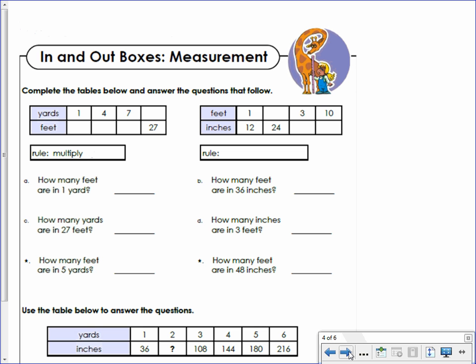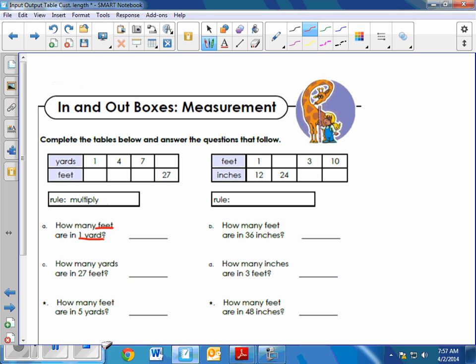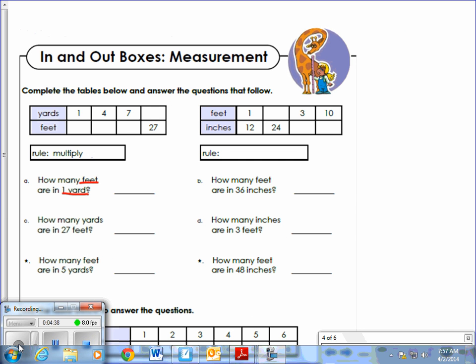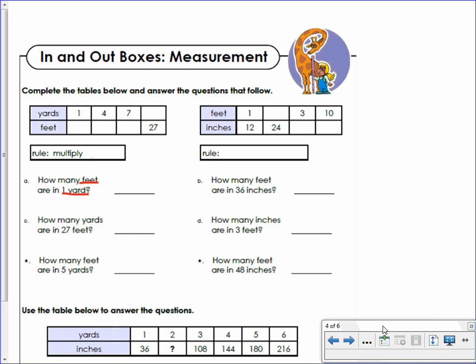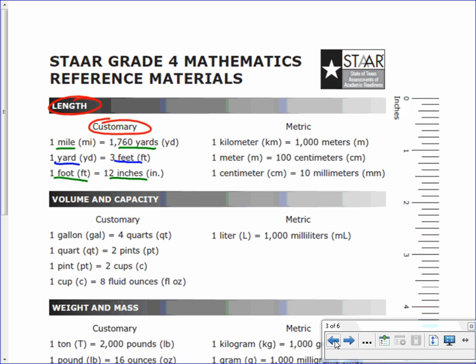When we're given problems like these, how many feet are in 1 yard? That's where we need to come to our table. Again, going back to our math chart, we know that 1 yard is equal to 3 feet.